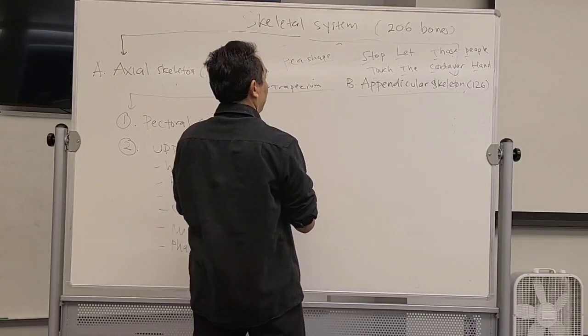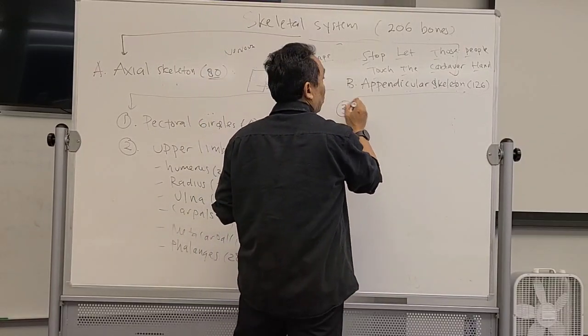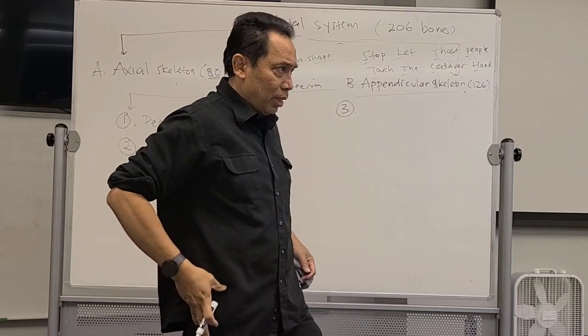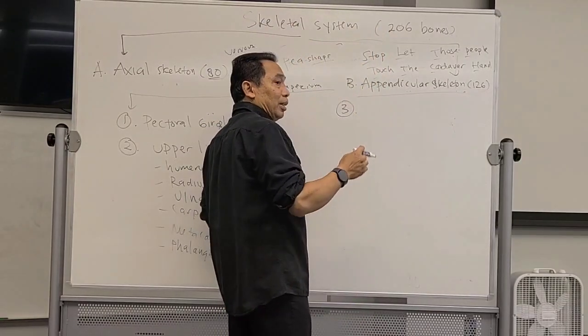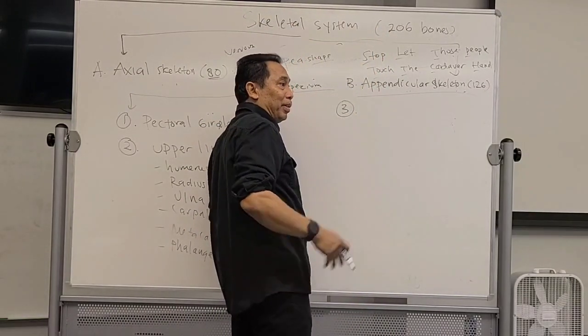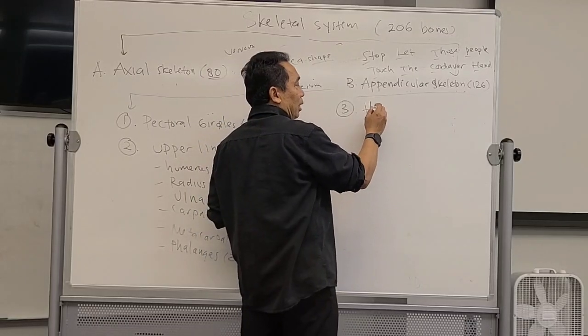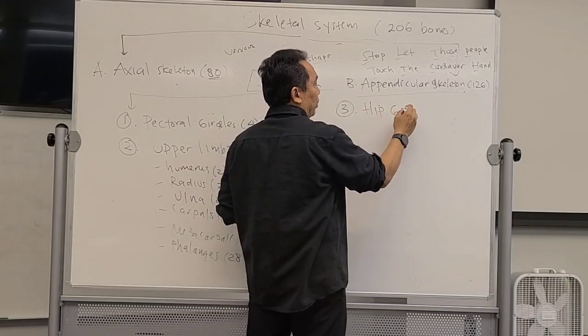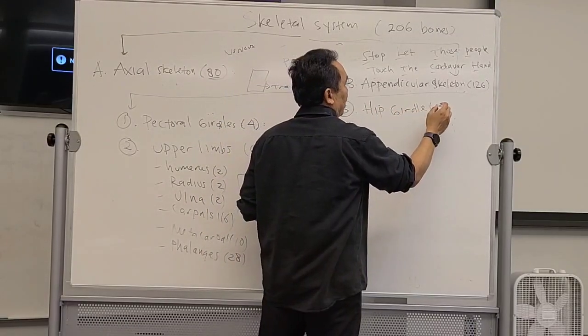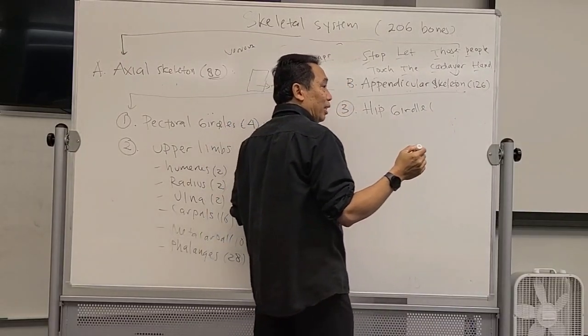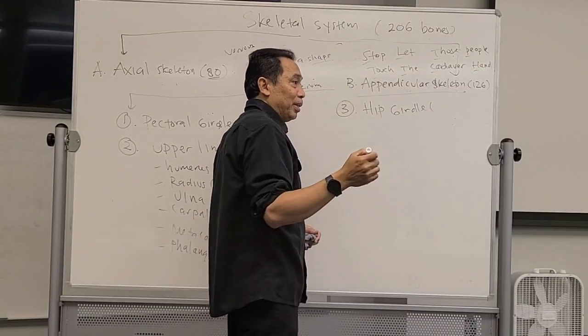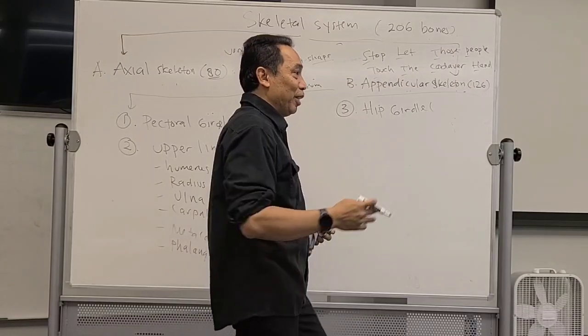Okay, which is number 3. This is also a girdle, for your lower limbs. That girdle is on the hip, therefore it's called the hip girdle. Okay, how many bones over here? How many hips do you have? No, it's actually 2, left and right.